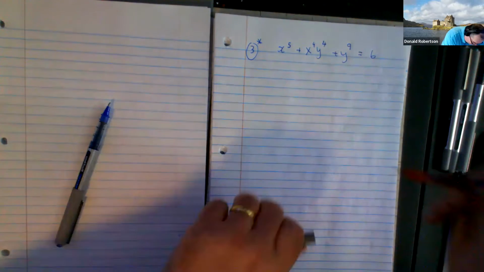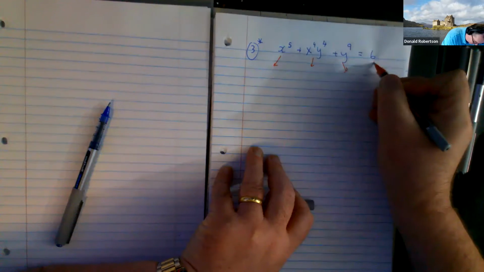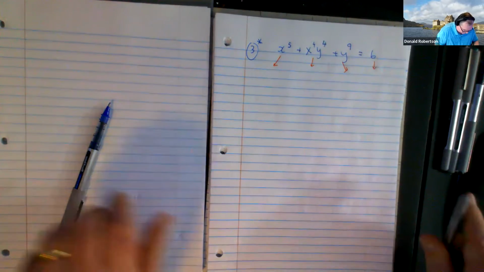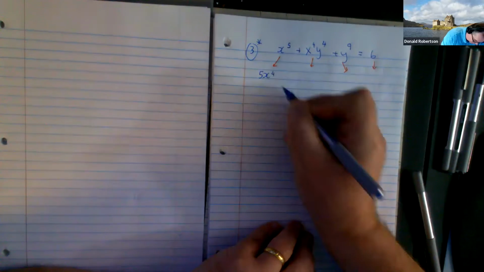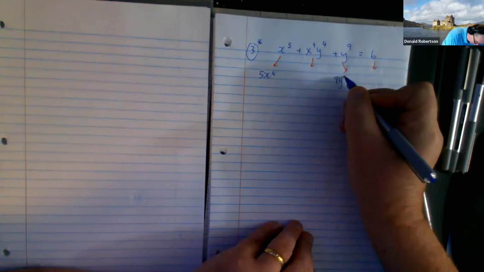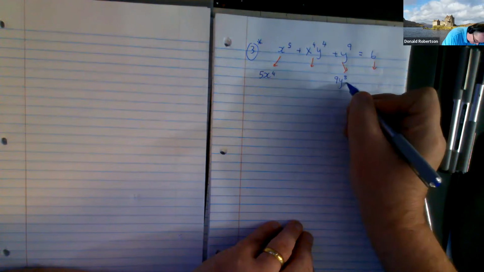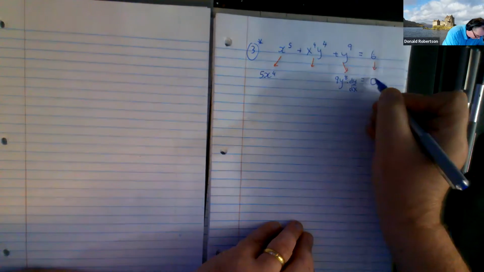So we're going to differentiate each of these. If you differentiate this, you get 5x to the 4. If you differentiate this, you get power rule, with a dy by dx, equals, if you differentiate this, you get 0.